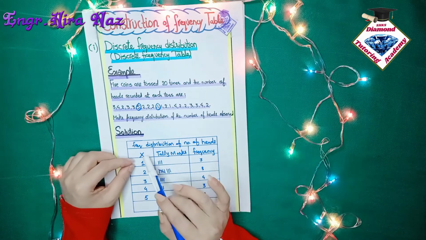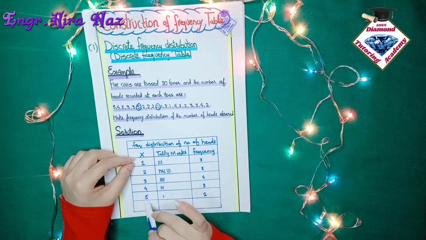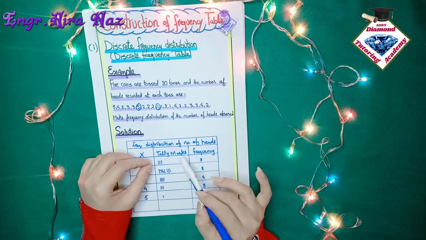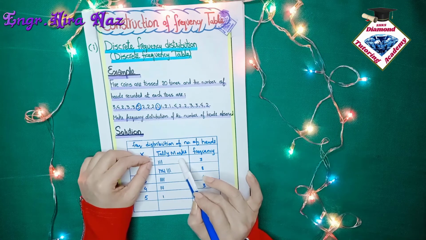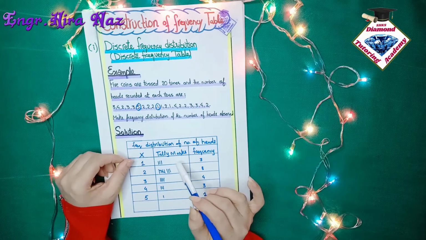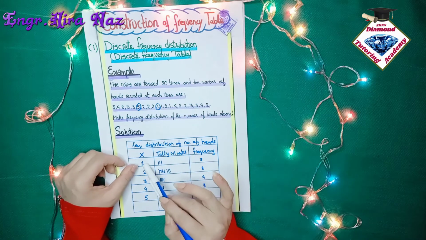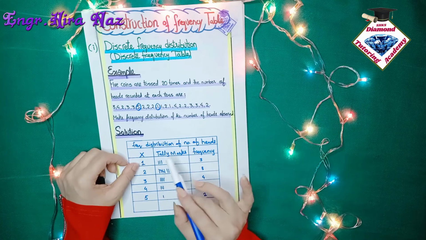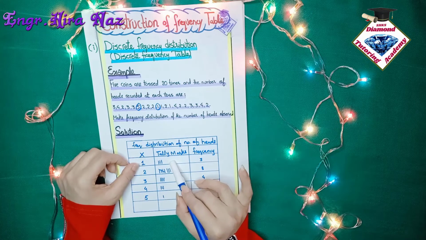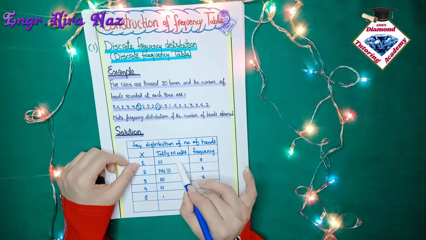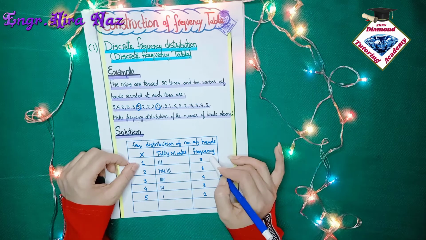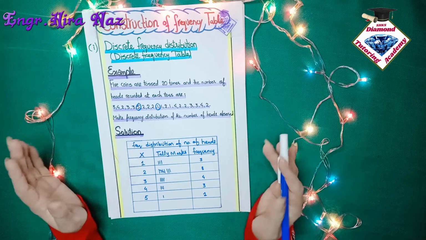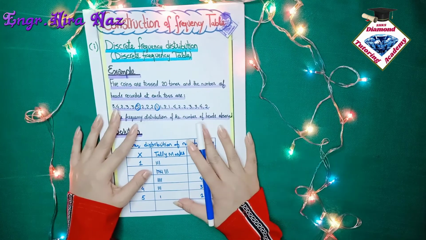You have to write the values in ascending order. Understand? Next, you have to make the column for the tally mark for your ease. And you have to check the values of the variable, that how many times this value repeats, and you have to denote this with the bar here. And then you have to count these bars to make their frequencies. Understand? That's very easy. I'm sure you guys are getting my point.